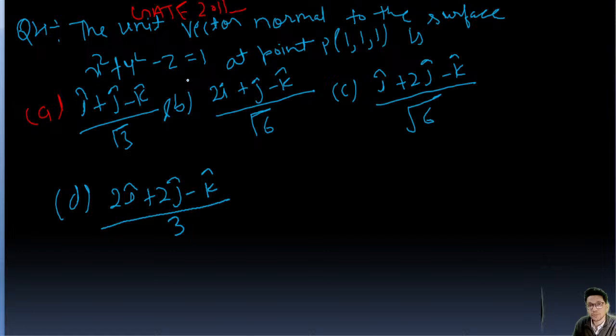The surface is given, and the unit vector normal to the surface at point (1, 1, 1) is asked. Okay, so unit normal vector. Okay, so we are going to solve it. I'll solve on the next page.